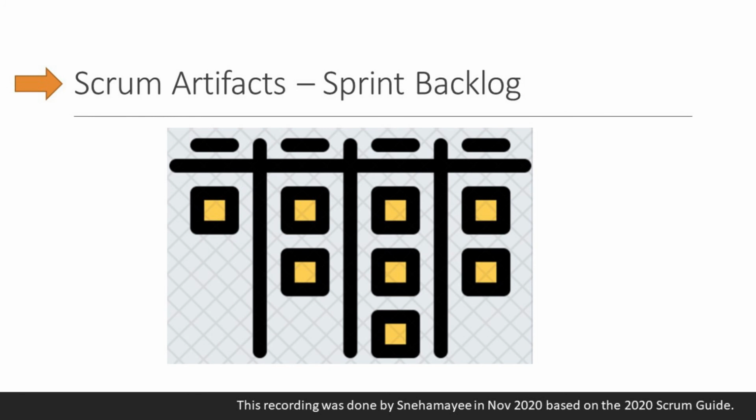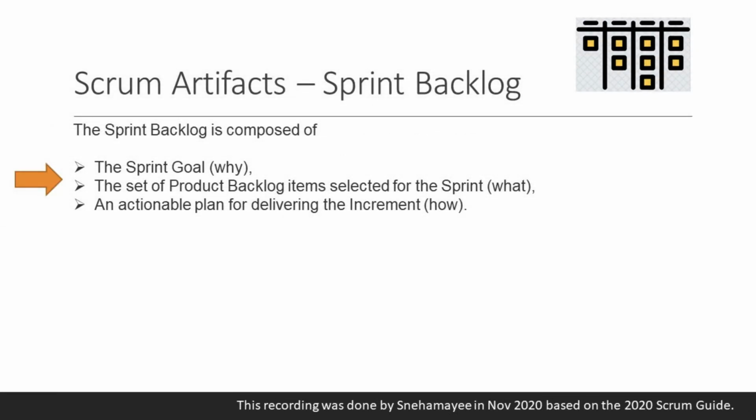Scrum artifacts: sprint backlog. The sprint backlog is composed of the sprint goal (why), the set of product backlog items selected for the sprint (what), and an actionable plan for delivering the increment (how).